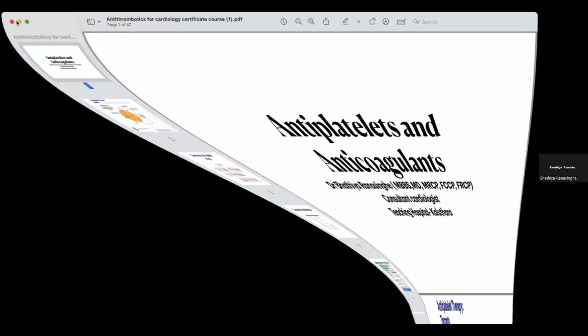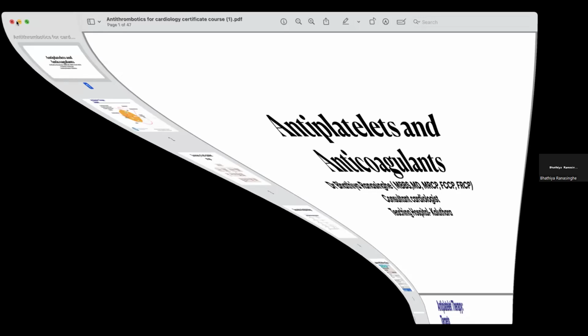But the irreversibly bound antiplatelets need to be stopped at least 5 to 7 days before the surgery, if it is a heavily bleeding surgery, like intracranial surgery.